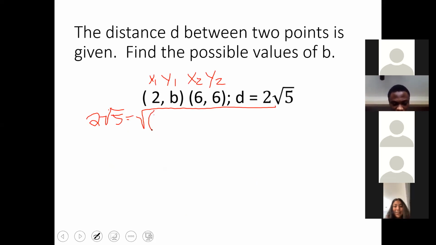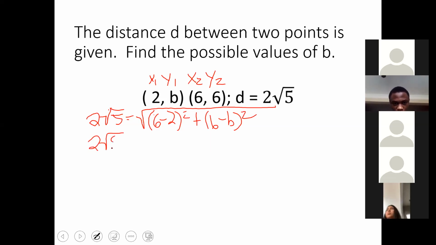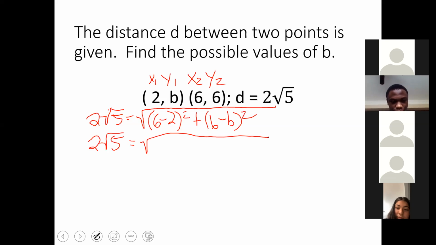So that's 6 minus 2 squared plus 6 minus b squared. Okay, so we just rewrite it. 2 times square root of 5 is equal to 6 minus 2 is 4, squared is 16, plus 6 minus b squared.